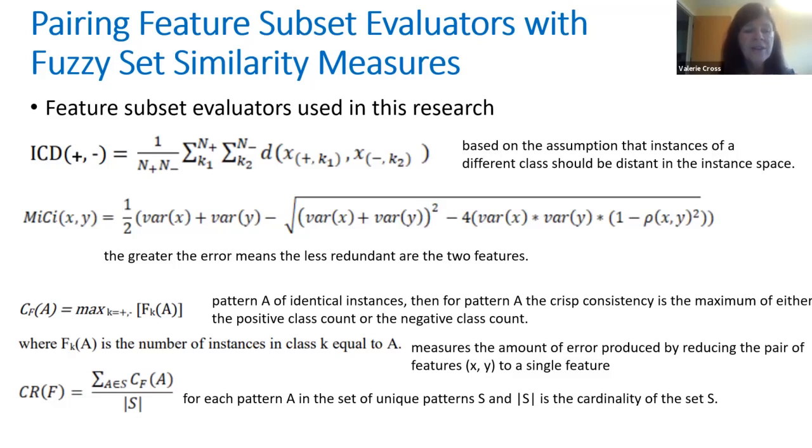So you take the maximum number of positive or negative cases. If you had 10 examples and 8 of them were positive and 2 of them were negative, that would be a better case than a feature subset that had 5 positive and 5 negative, for example.